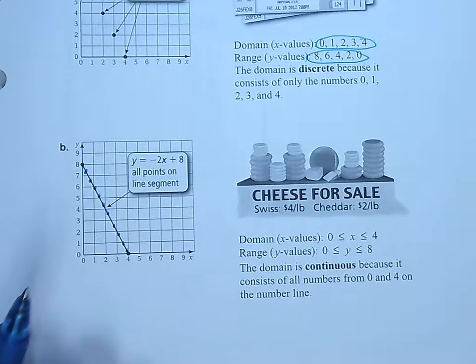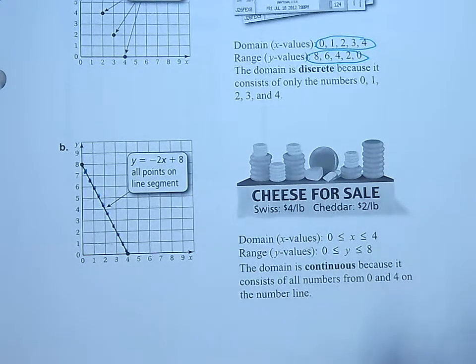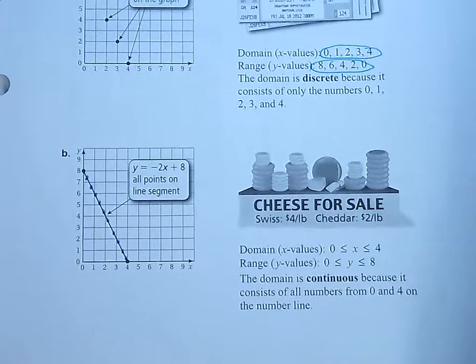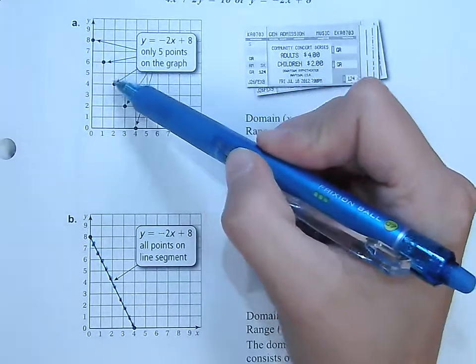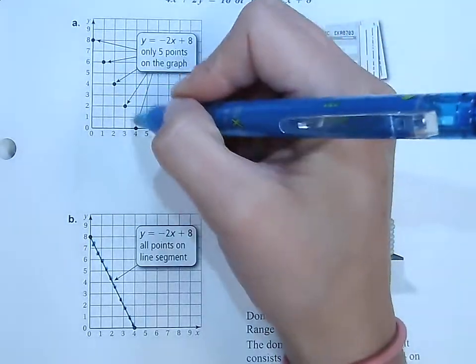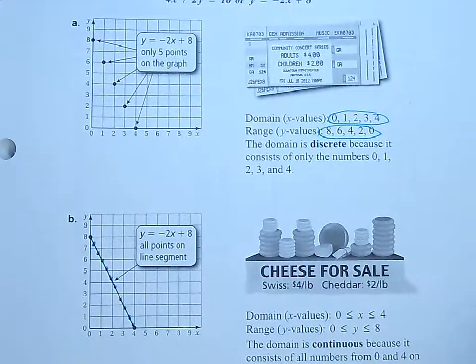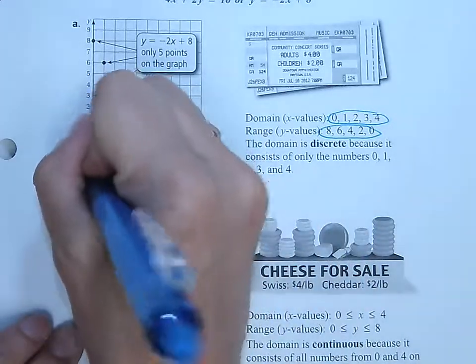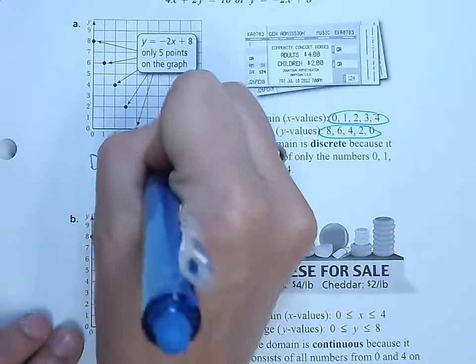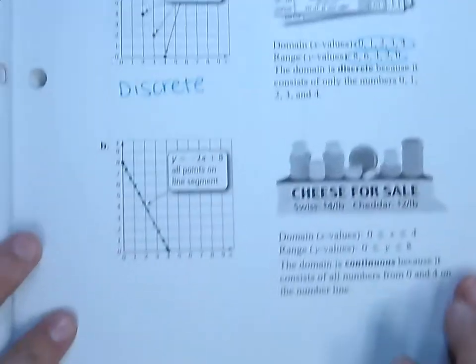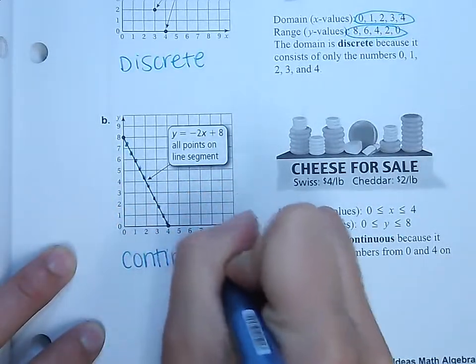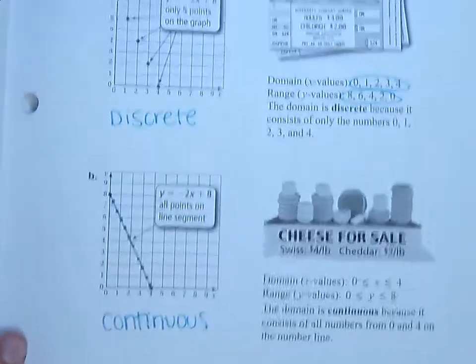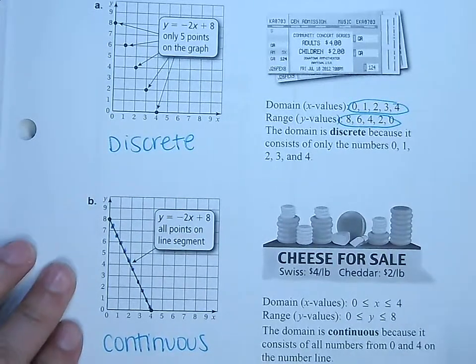We don't necessarily need to sell whole pounds or half pounds. Whereas up here, we have just specific values that we can sell. Nothing in between would work because we would end up selling half of a ticket. So this is discrete, and this is continuous. That's the difference between discrete and continuous domains.